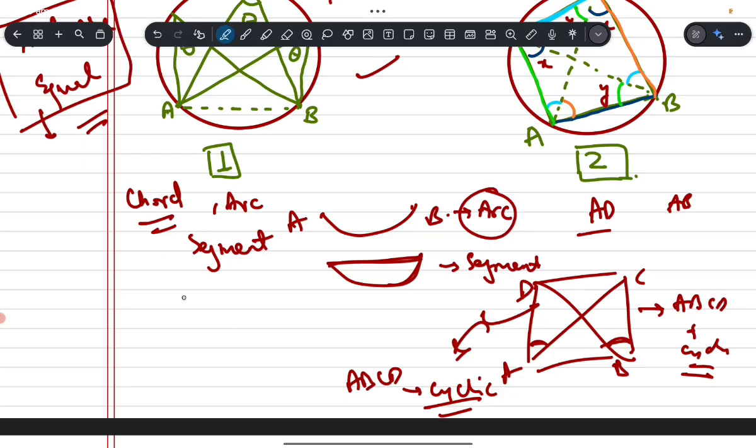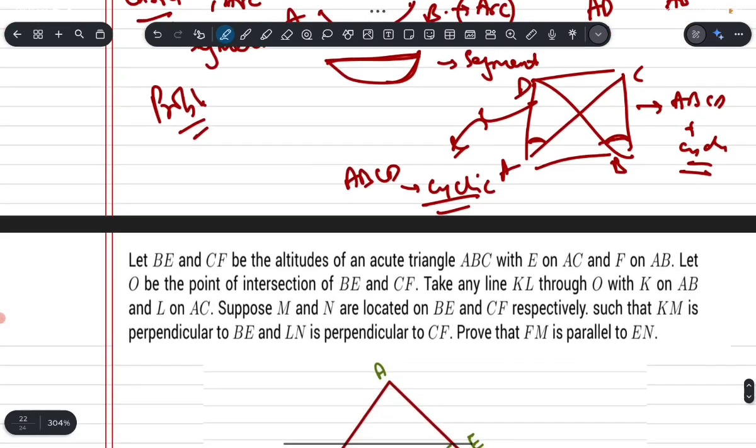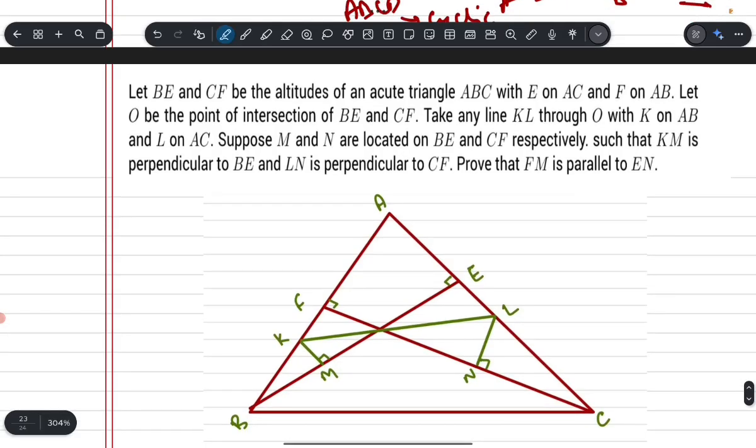Now based on this technique of spotting cyclic quadrilaterals, I'll be doing a problem, a very interesting problem. Here you go. So you can pause the video and try the problem first. We are provided in the problem with BE and CF as the altitudes of triangle ABC, and we have O as the point of intersection.